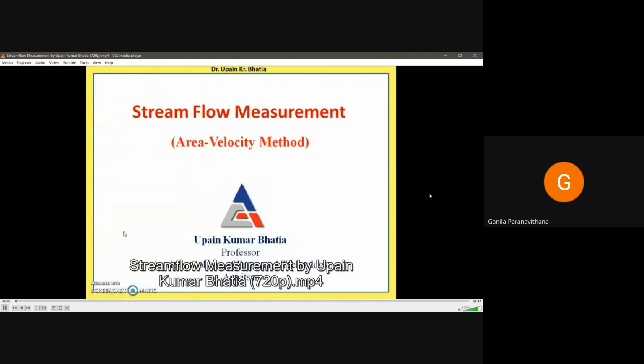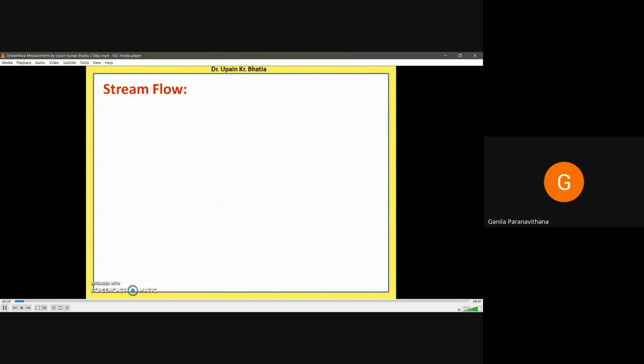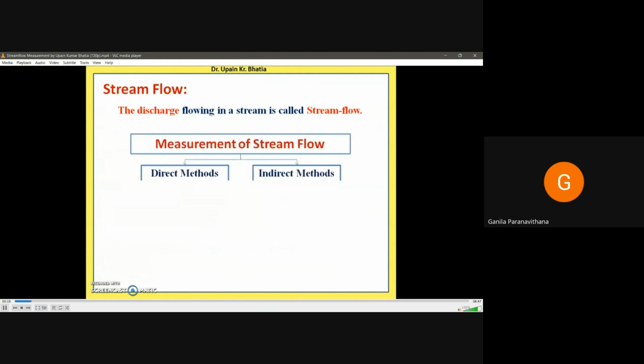Hello students, today we are going to discuss the stream flow measurement, specifically the area velocity method for stream flow measurement. So first of all, let us understand what is stream flow. It is simply the discharge that is flowing through a stream. And how to measure it? We have two approaches, direct method and indirect method.